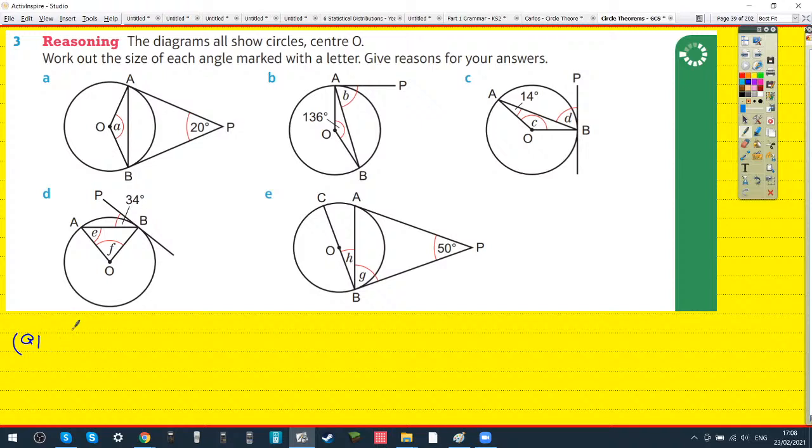Which one? I'll just start from part A. Okay, so angle P is 20 degrees.